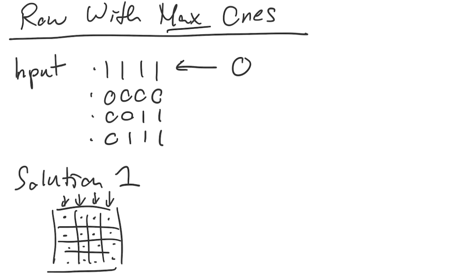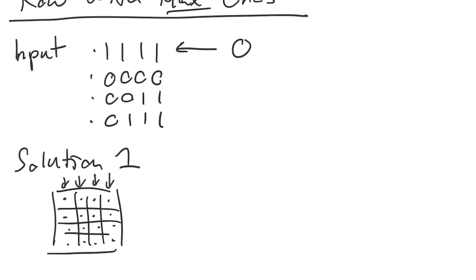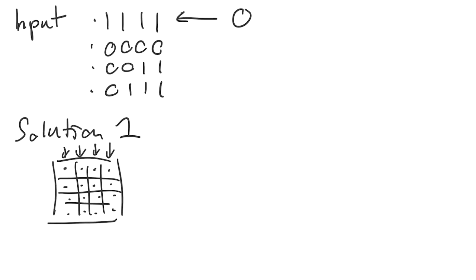And obviously, you keep the row with the maximum number of ones you found. Okay, and this is slow because you have to look at every single element. If this is size m by n, this is O of mn. Okay, this is quadratic.